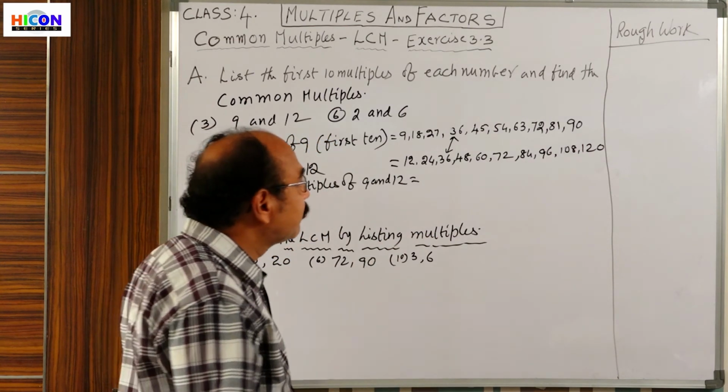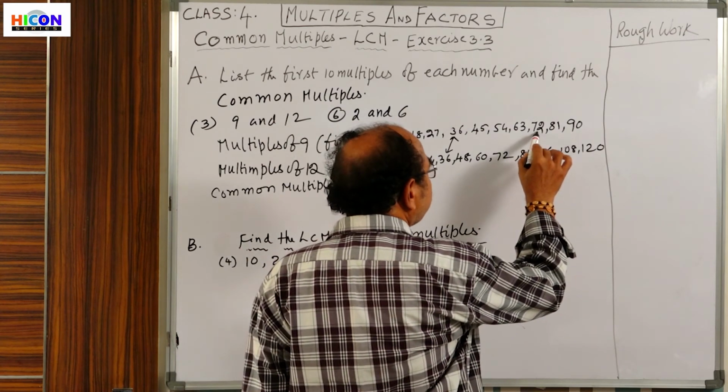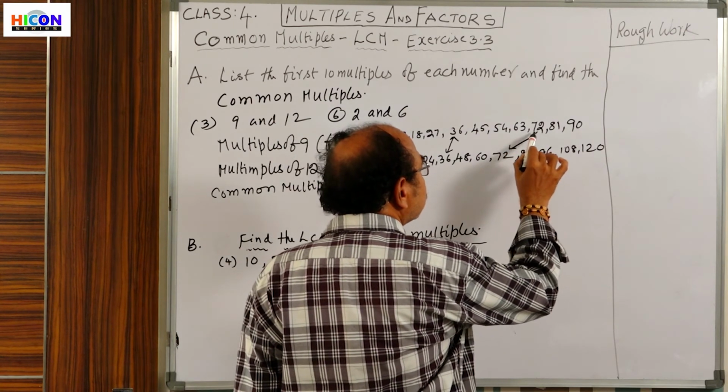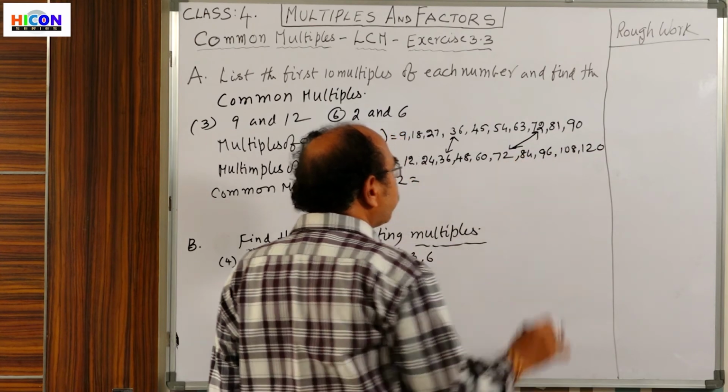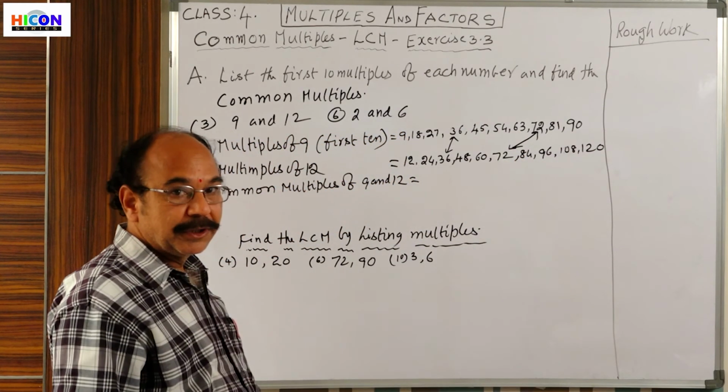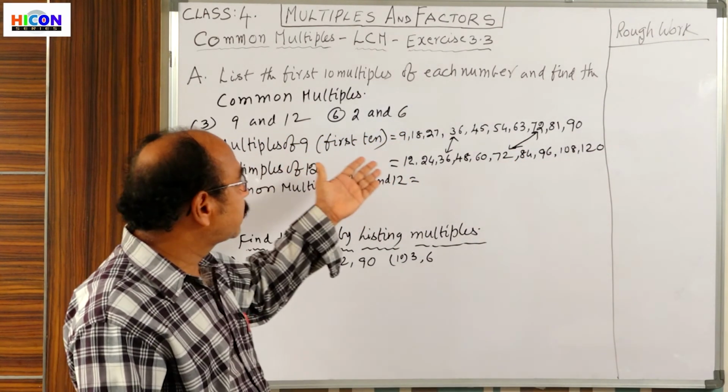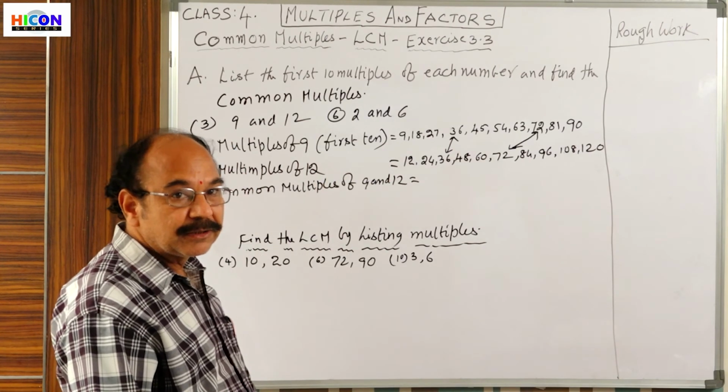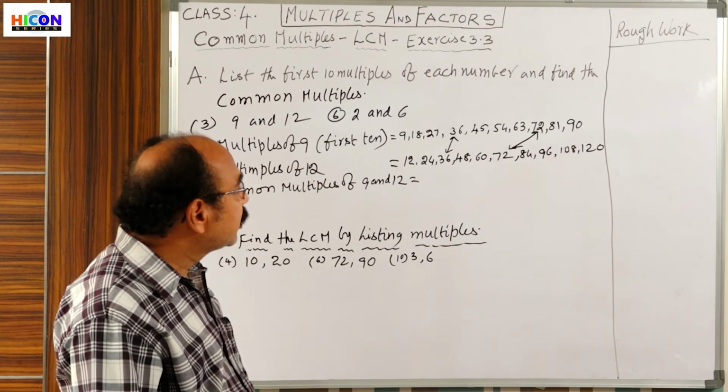What is another common multiple here? 72 is there. So here also 72. 72 is also a common multiple. It is present in the set of multiples of 9 and it is also present in the multiples of 12.